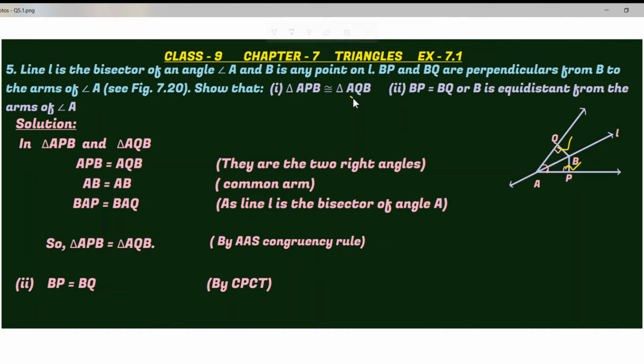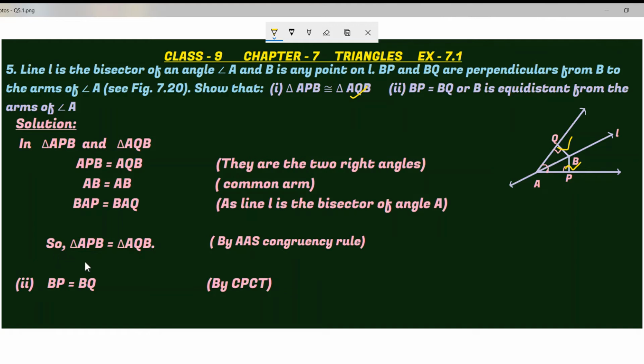One we have proved. Next is BP is equal to BQ. You can see BP and BQ are two corresponding sides of these two triangles. Already we have proved these two triangles are congruent. So if the triangles are congruent, then the corresponding parts of the triangles will be equal.